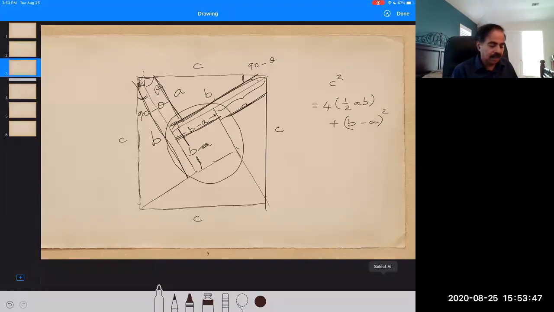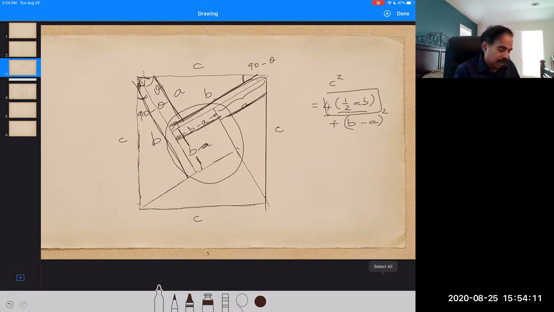Each triangle has the area of 1/2 times base times height, which is 1/2 AB, right? And there are 4 such triangles. So we have 4 times half AB. And then we have this little b minus a square in the middle, and the area of that is equal to b minus a whole square, right?